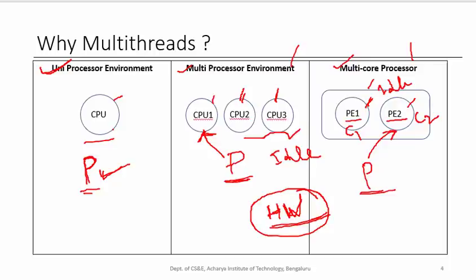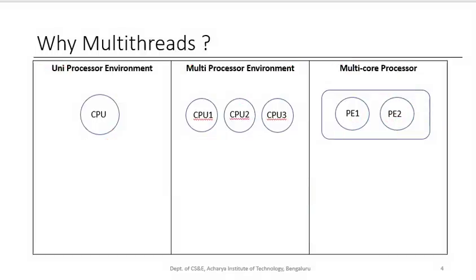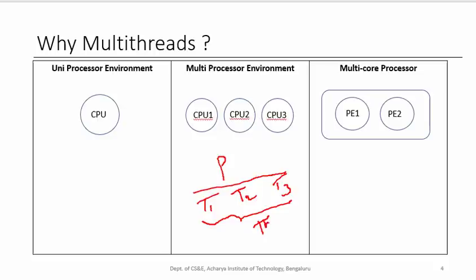Now, how can this problem be solved? Let me clear this. What I do is take this process P and divide it into subtasks, say T1, T2 and T3, and I write them as threads inside this process with the support of some thread library.